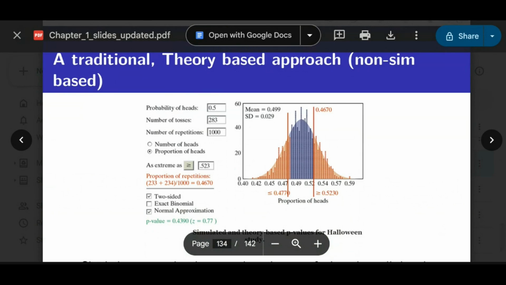Anyone know where I'm going with this? Small word, 4 letters. Okay, one more hint. It starts with an A. What do you think people of old found when they couldn't simulate, but they had the smooth curve and they wanted a p-value? A dash dash dash, 3 more letters.